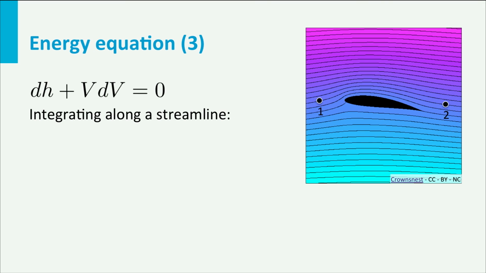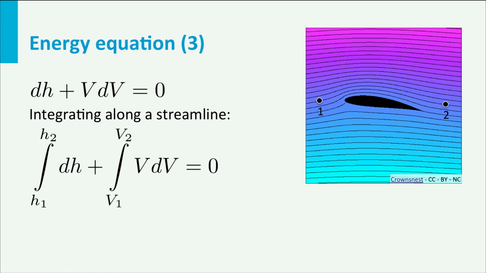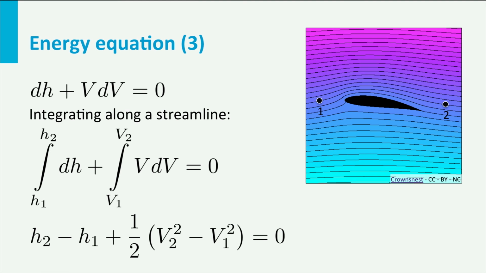Also here we will perform an integration between the stations 1 and 2 on the streamline. So the integral from h1 to h2 of dH plus the integral from V1 to V2 of V dV is 0. And this is h2 minus h1 plus a half V2 squared minus V1 squared is equal to 0.